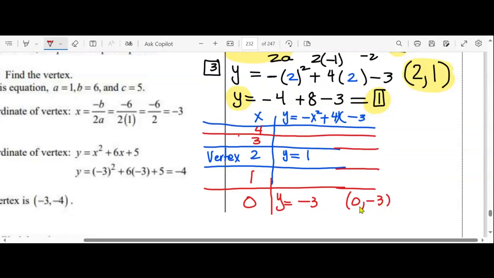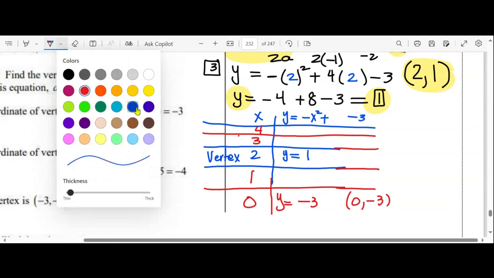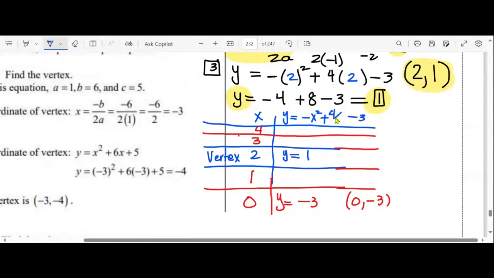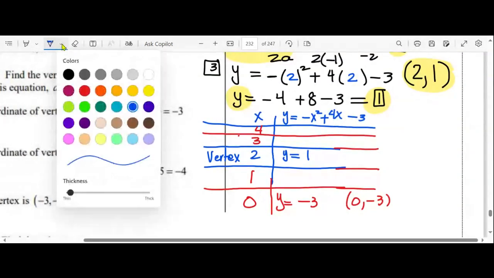So that's your point, 0 and negative 3. Now, if I replace x by 1, how much will y be? We replace 1, right? Is it negative or not negative?